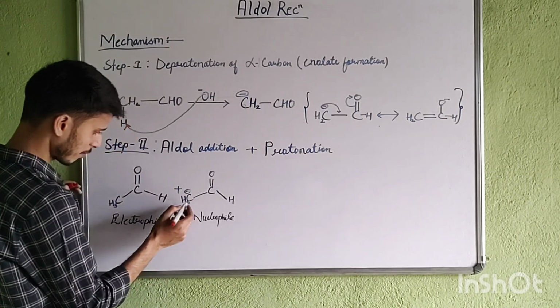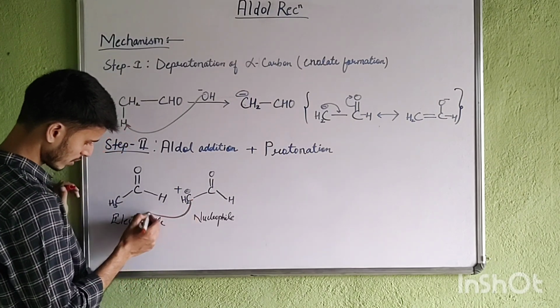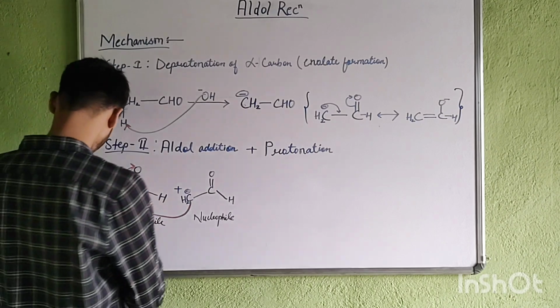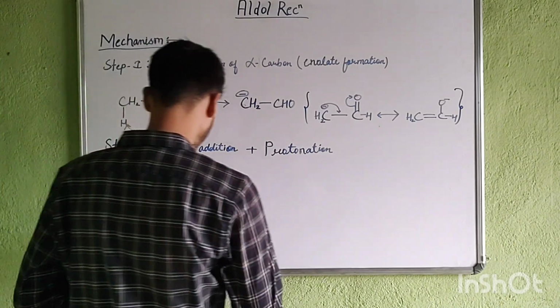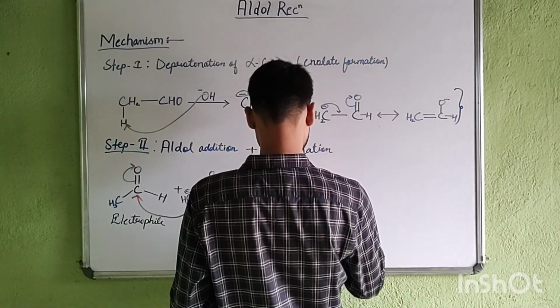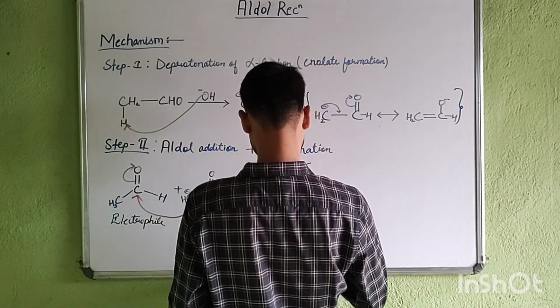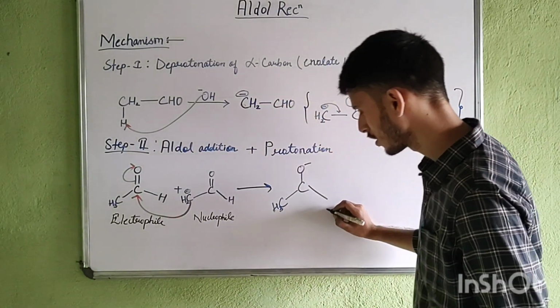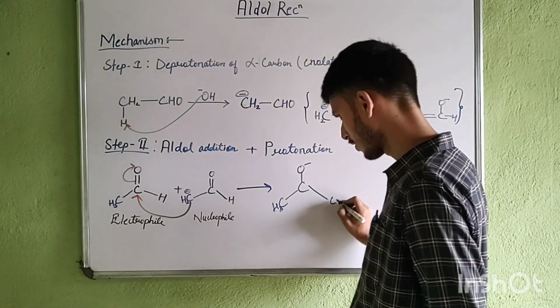Then what will happen here? This will go and will attack here and this. So what will we get? We will get a new CC bond formed here.